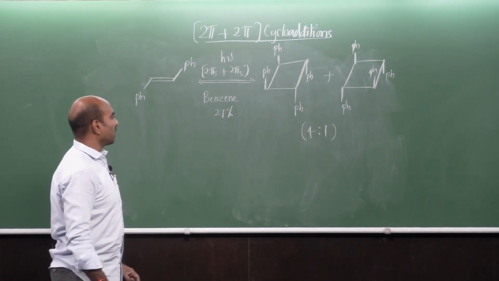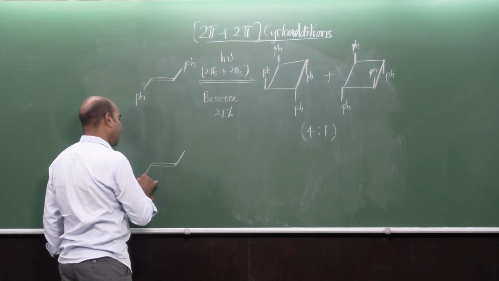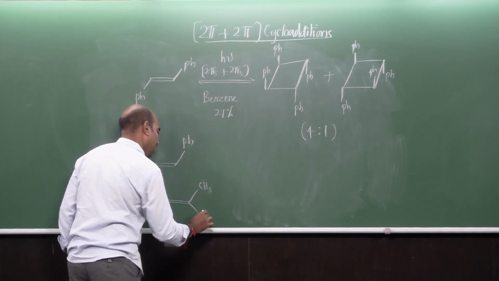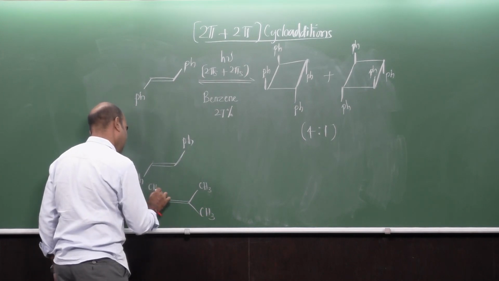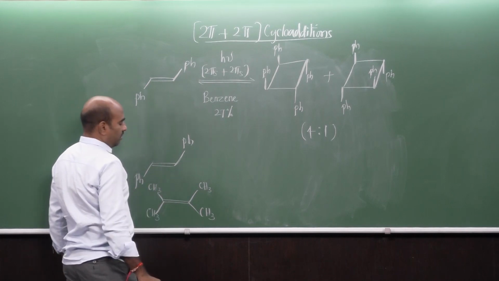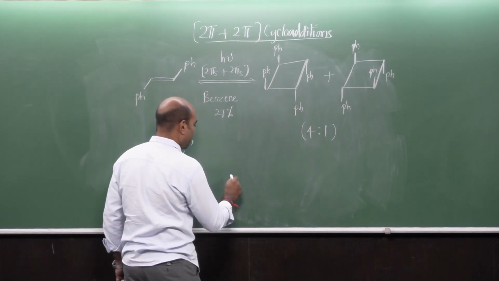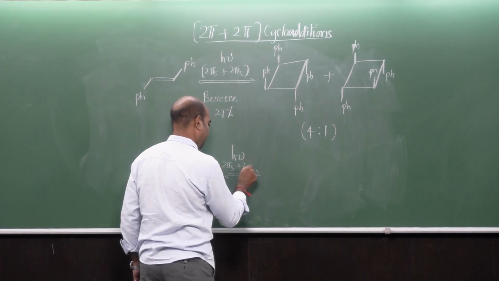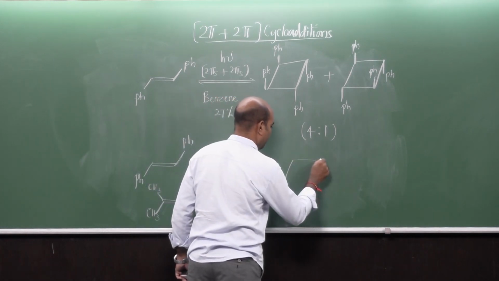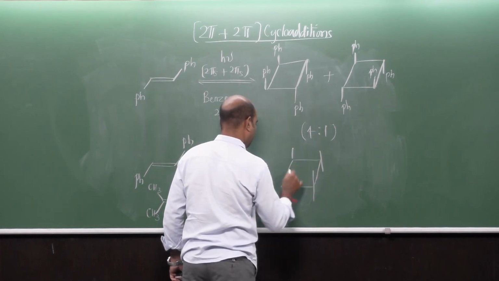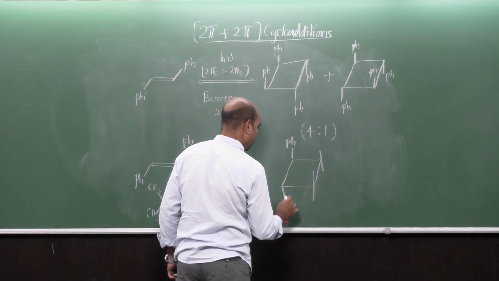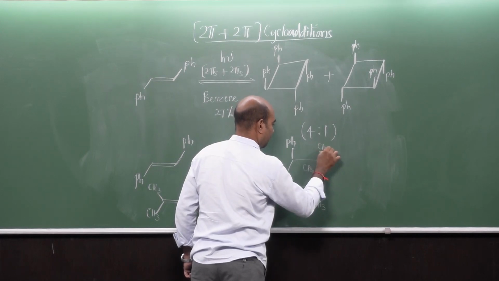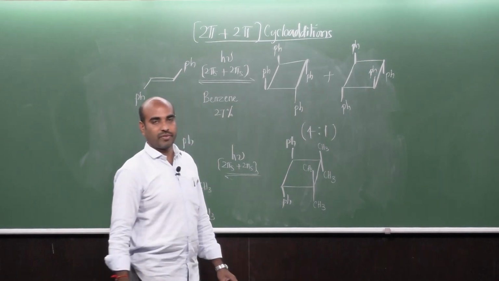So, this is how it happens, and if trans stilbene, if you add it with 2,3-dimethyl butene, 2-butene, you get this product, right.